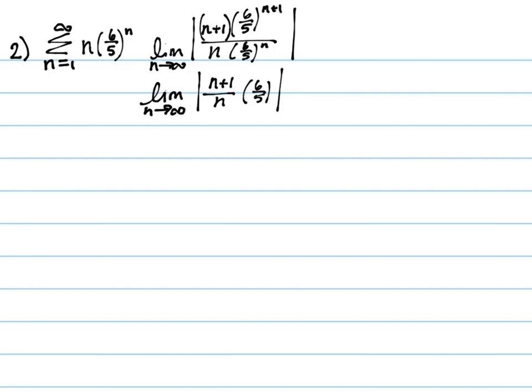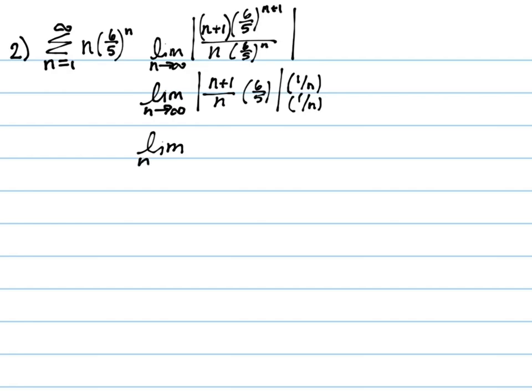Okay. The 6/5, ignore it for the moment. n plus 1 over n. What is that approximately equal to? 1. That's limit 1, right? So we know that this is actually going to give me a limit of 6 over 5, correct? So in terms of algebraically proving that, the way that we've done that is by multiplying by 1 over n, top and bottom. So we'll do that real quick.